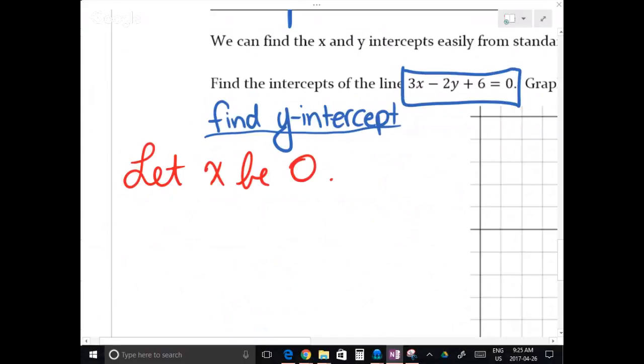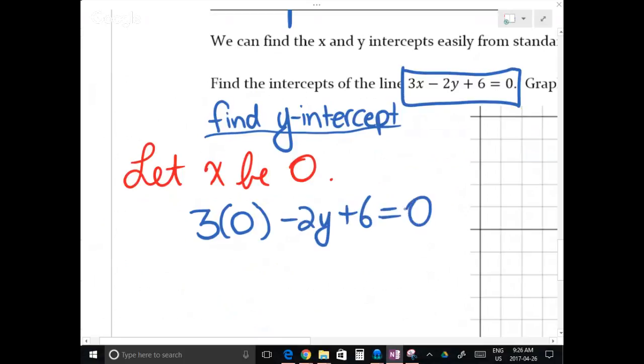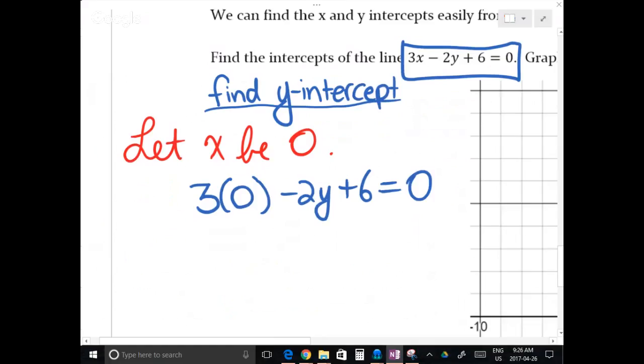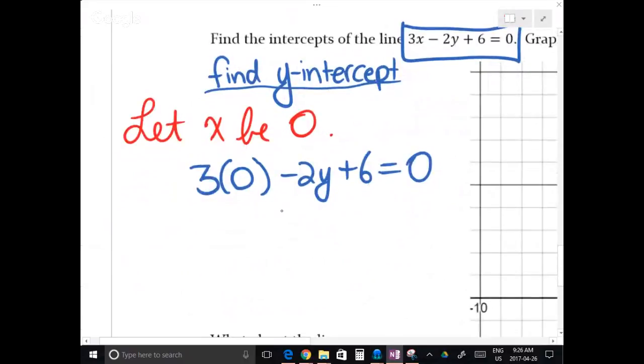Let's go back to this equation, 3x minus 2y plus 6, but x is what? So 3 times 0 minus 2y plus 6 equals 0. Well, what's 3 times 0? Yeah, so what remains? Negative 2y plus 6 equals 0.